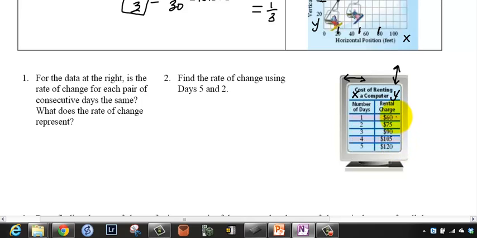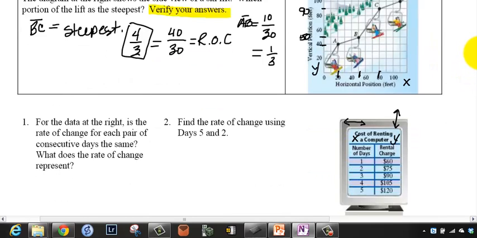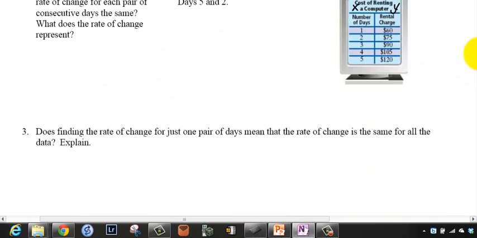So we're going to look at these values and see if we can figure out how much it's changing by each one of these units. The one thing we need to be careful with here in a table, looking back up at this ski lift question, is that the horizontal distance between these seemed to be fairly consistent, and we need to account for that, especially in a table.